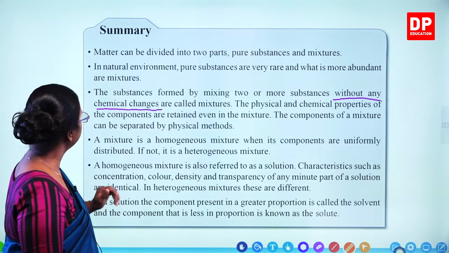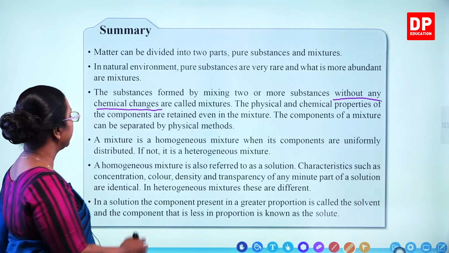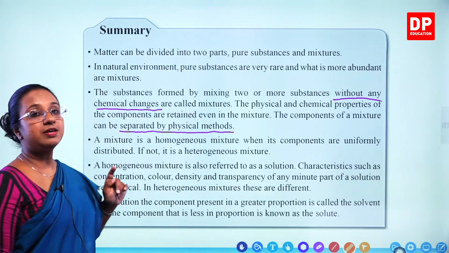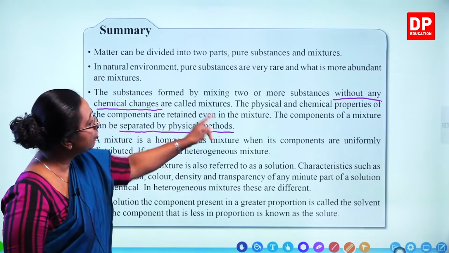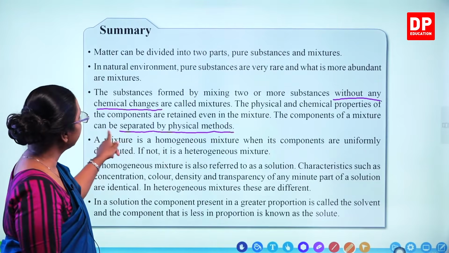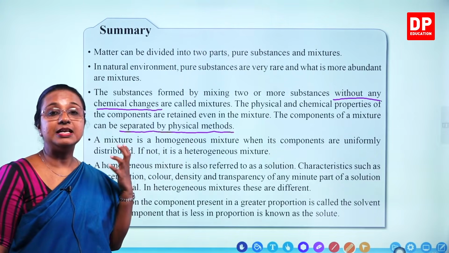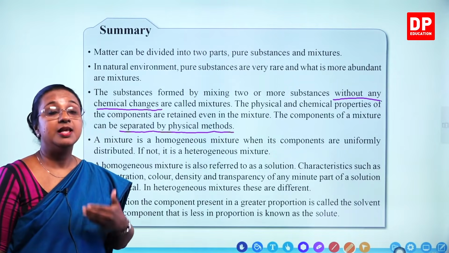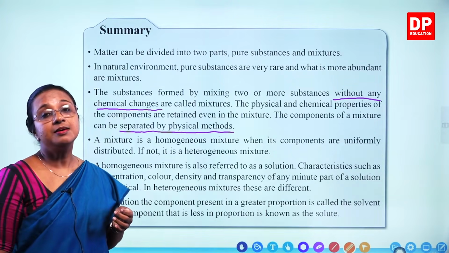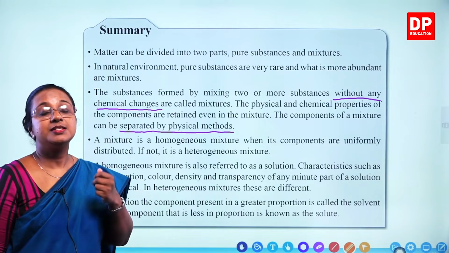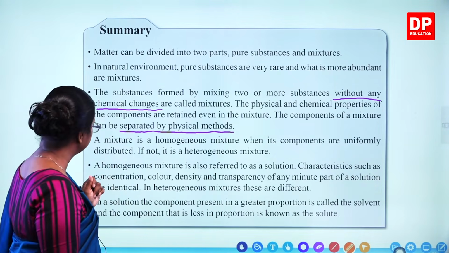The components of a mixture can be separated by physical methods. So, if there were chemical changes, they won't remain the same. So, we can't separate them by physical methods. But here in a mixture that is possible. That is what we call a mixture. We should be able to separate the components by physical methods.